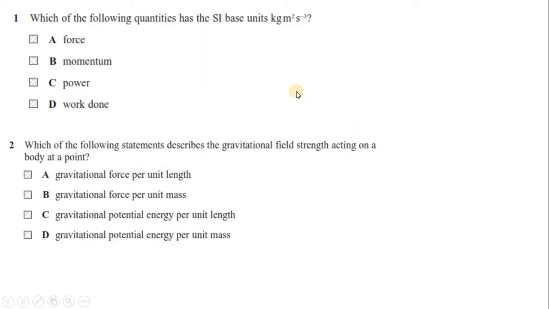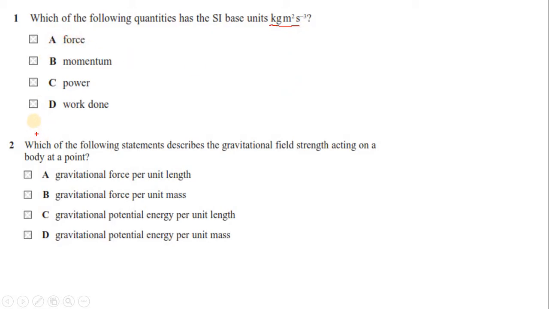Which of the following quantities has the SI base units kilogram m square s minus 3? So if you see, this is the SI base unit and these are the quantities.